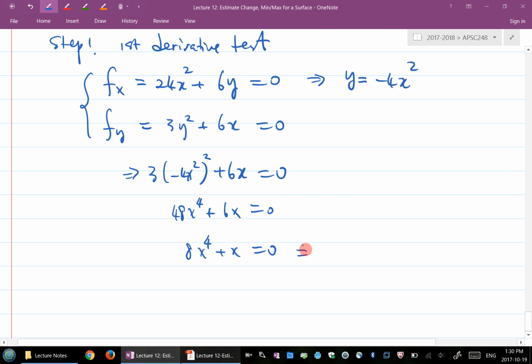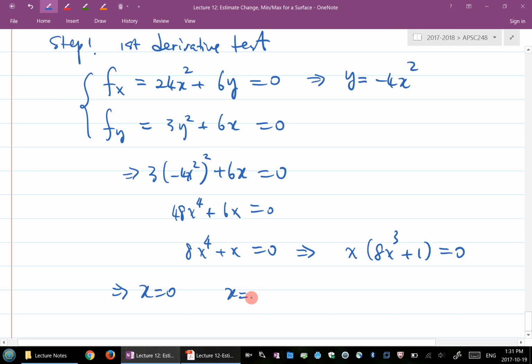Okay, so a little bit further simplification. Take out the common factor x. So now you can set each one of the factors to be 0. That basically gives us x equal to 0 as a solution. The other one, 8x cubed plus 1 equal to 0.